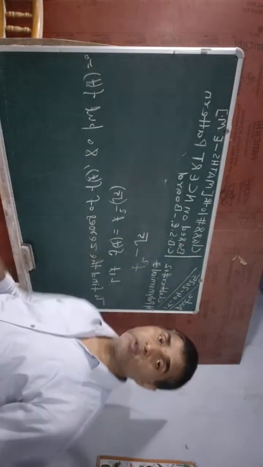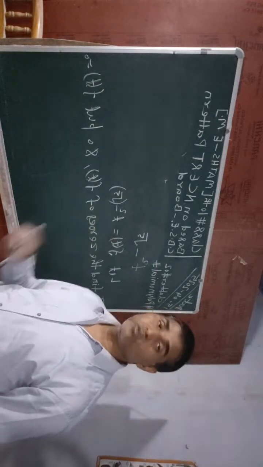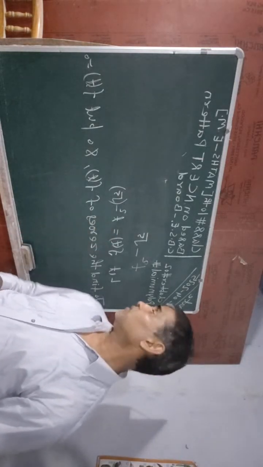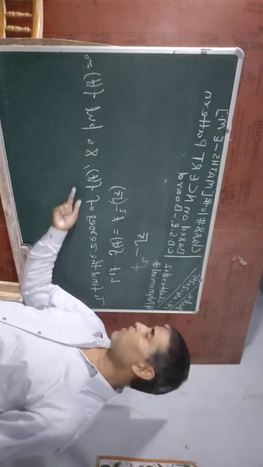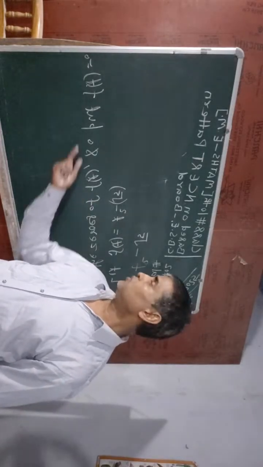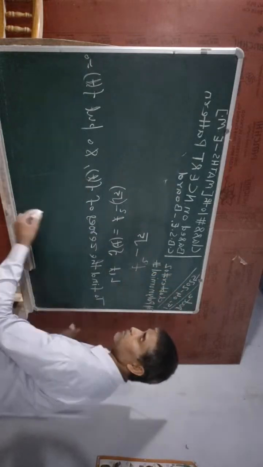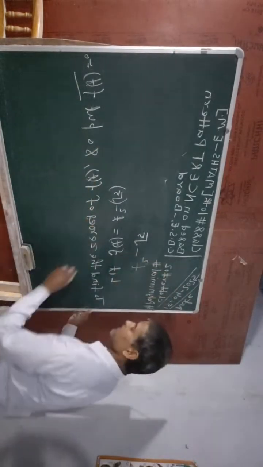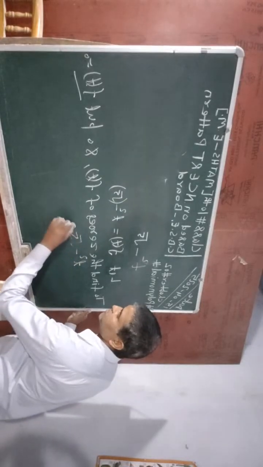If any polynomial is given, you have to let f of t equal t square minus root 5, and after that, to find the zeros of f of t, you put f of t equal to 0. So in place of f of t you write t square minus root 5 is equal to 0.